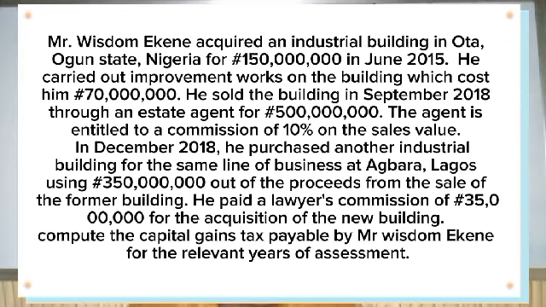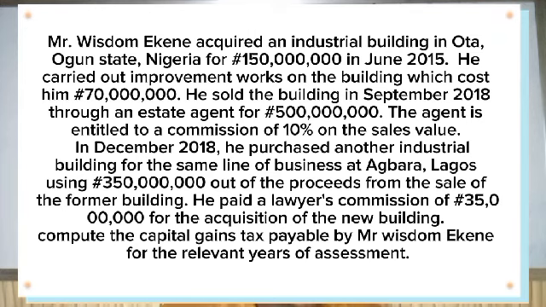In December 2018, he purchased another industrial building for the same line of business at Agbara, Lagos, using 350 million out of the proceeds from the sale of the former building. He paid a lawyer's commission of 35 million naira for the acquisition of the new building.